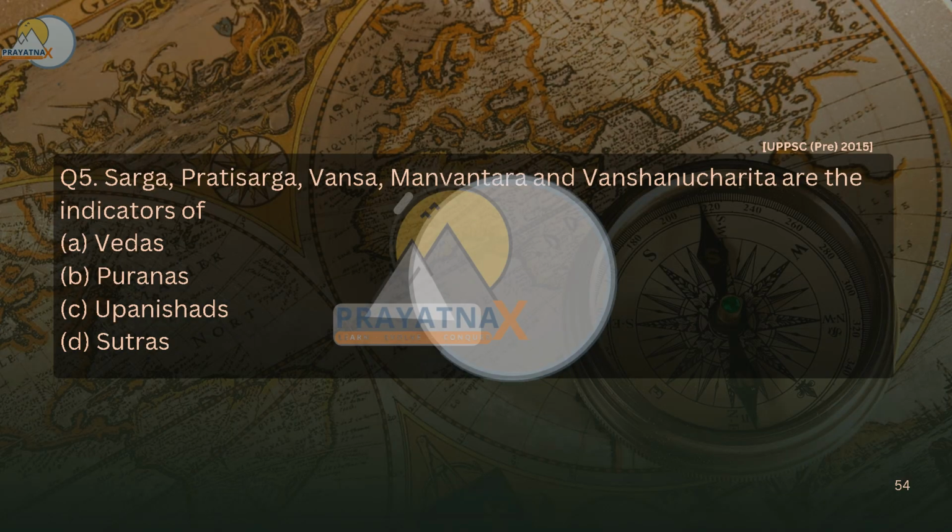This must be pretty easy for you to solve. Sarga, Pratisarga, Vamsa, Manvantara and Vamshanucharita are the indicators of A. Vedas, B. Puranas, C. Upanishads and D. Sutras. So as we have already discussed this, the correct answer for this would be Puranas. Here Matsya Purana lists 5 characteristics or signs for a text to be called a Purana.